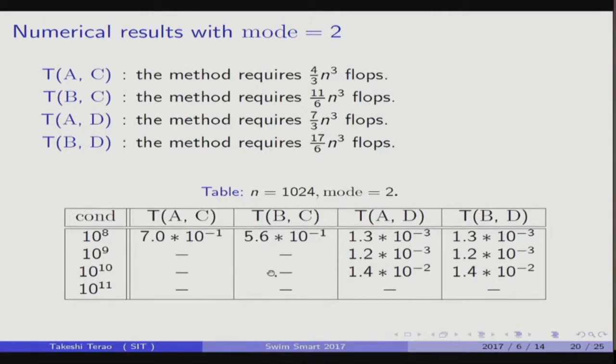Next, we introduce the numerical result when mode is 2. If mode is 1, method TBC is better. However, when mode is 2, method TAD can obtain better upper bounds.